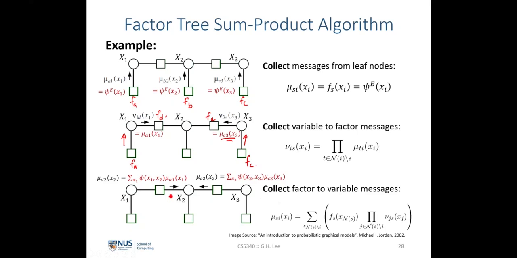Next, we'll continue the message passing upward to the root node of x2, and we can see that this message is from a factor node of fd into the random variable node of x2.